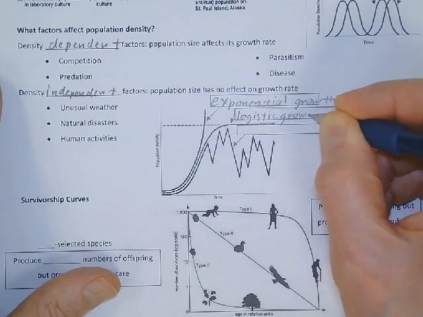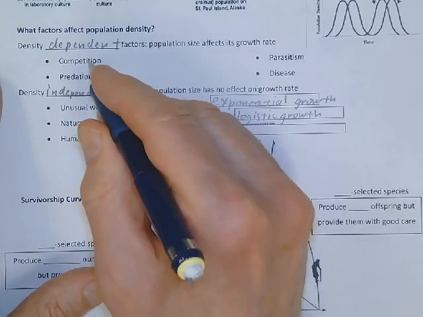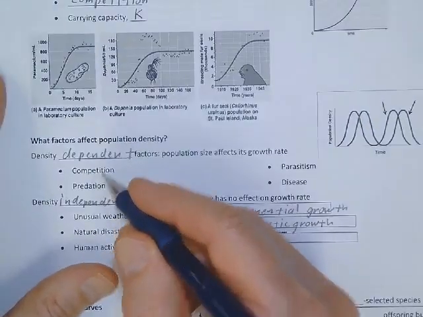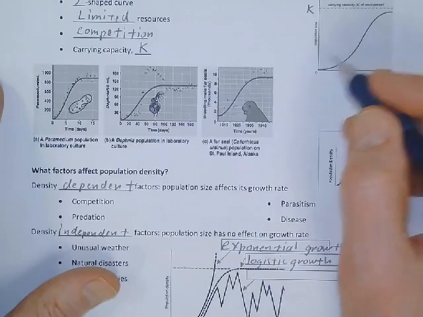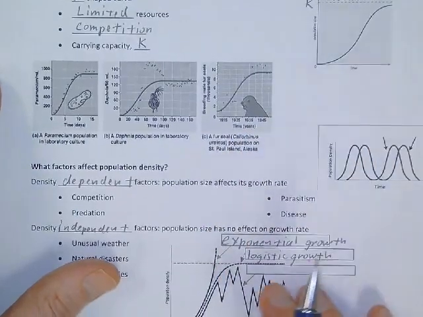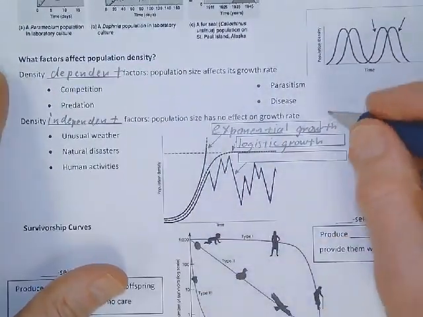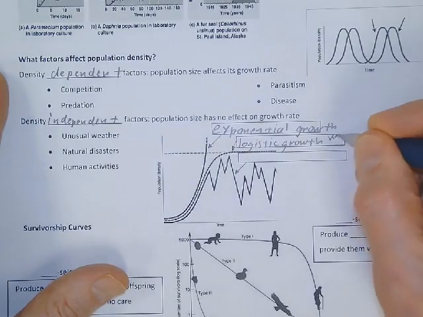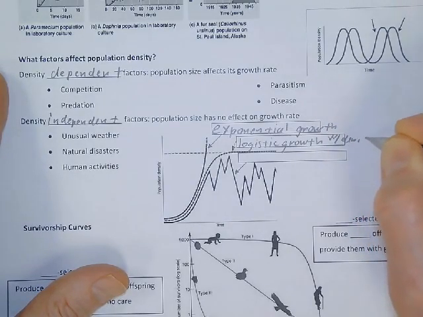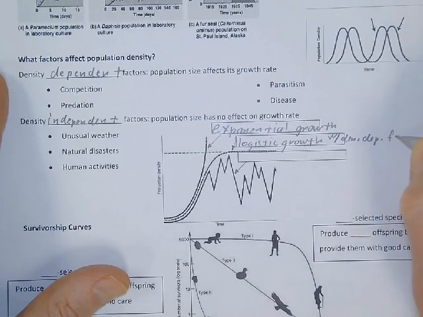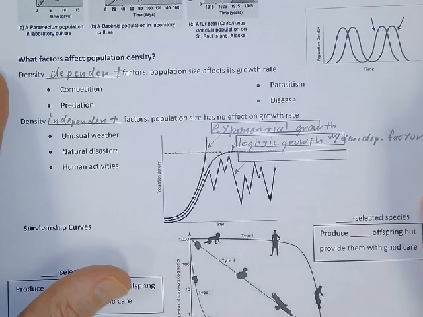That is density-dependent factors. So these up here will give you this kind of a curve, right? Density-dependent looks like this. Density-independent.